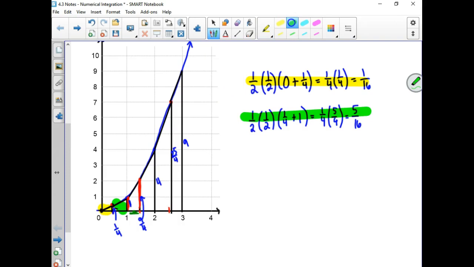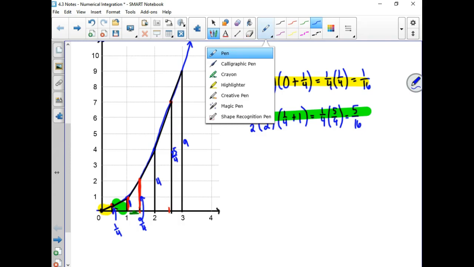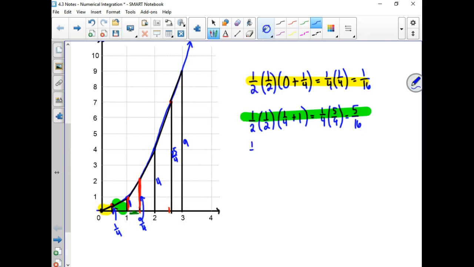Our third trapezoid, we will have 1/2 times 1/2, and the bases here are 1 and 9/4. So 1 plus 9/4 is going to give us 13/4. 1/4 times 13/4 is going to give us 13 over 16.